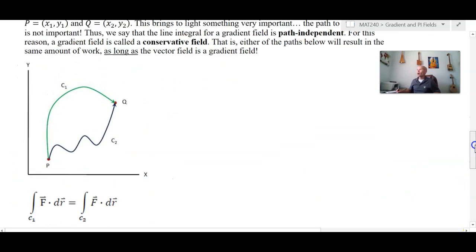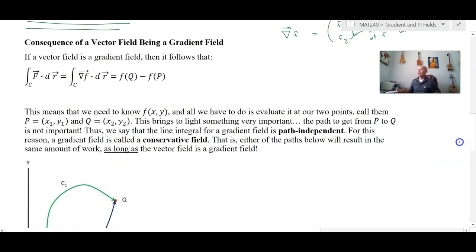Now, what consequence does this have? Before we get into any calculation, we're going to state with confidence that if a vector field, any general vector field, is more specifically a gradient field, then it follows that the line integral, which is just another notation for the line integral, of our gradient field is computed by the fundamental theorem of calculus for line integrals.